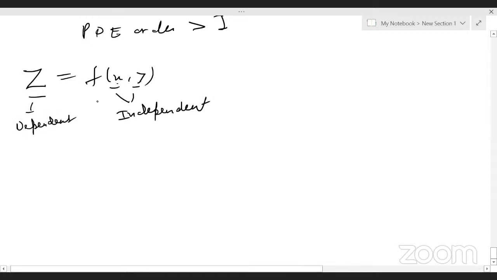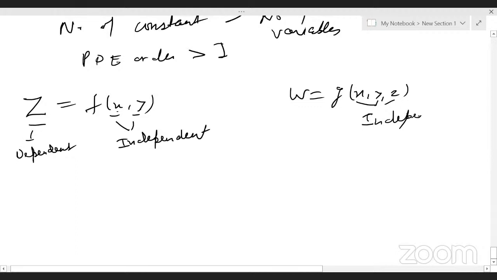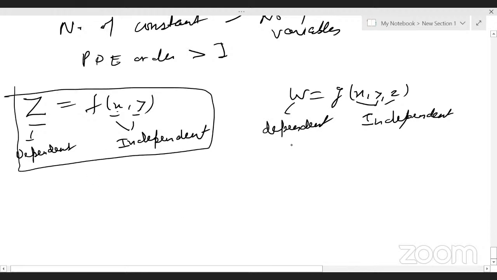Let's say there is a function W is equal to G of X, Y, Z. Here X, Y, Z all are independent. It is 3 independent variables. And W is dependent. Usually you will get a 3 variable equation where Z will be dependent, and X and Y will be independent.